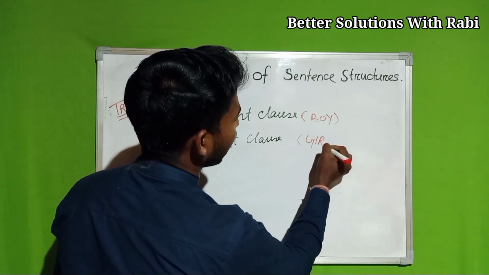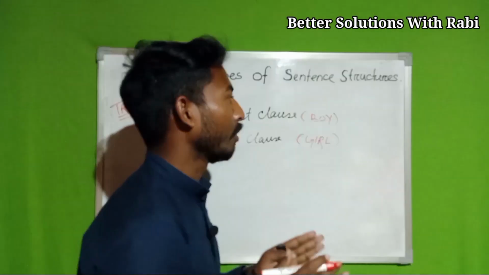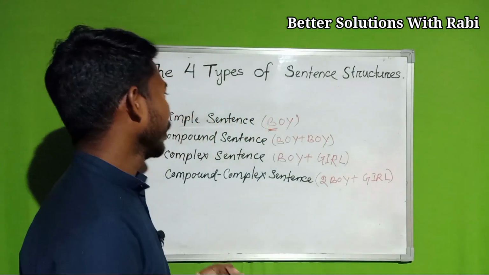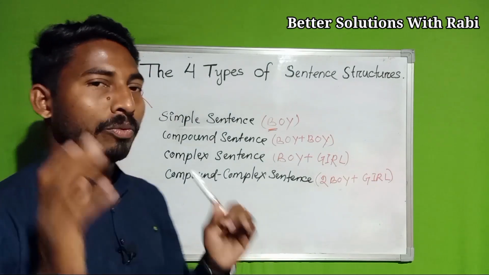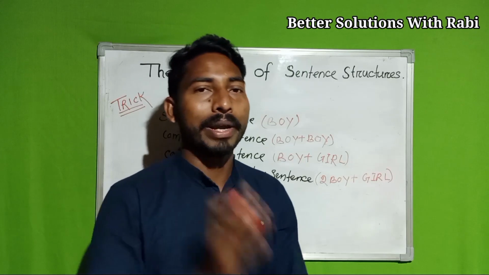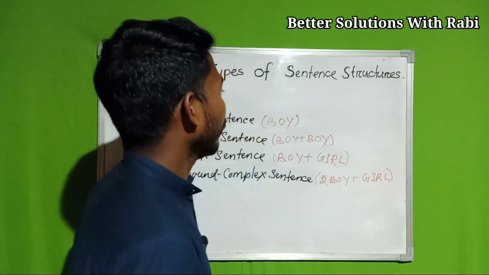Okay, now remember this and observe keenly what I am doing, because this is a trick for you. Now look here, I have a trick for you, and these tricks are going to be with you forever, because it is a trick I have made in such a way that you are going to remember it for your lifetime. Okay, now let's see.